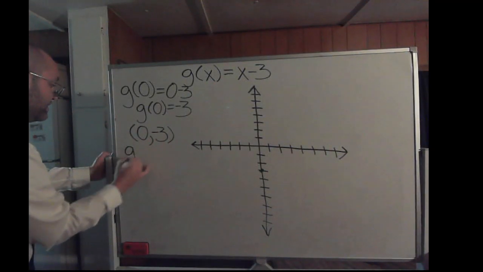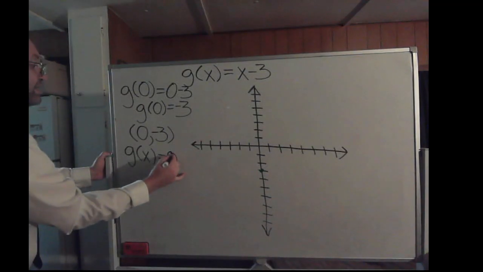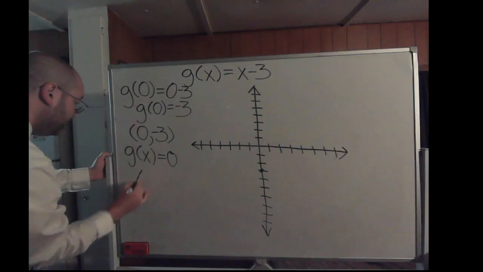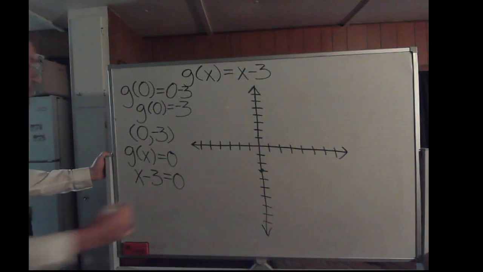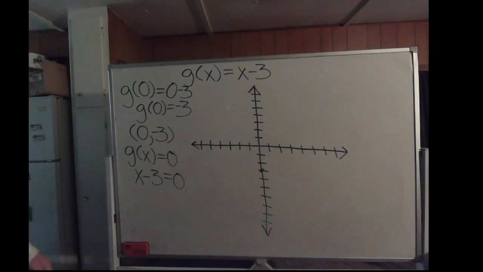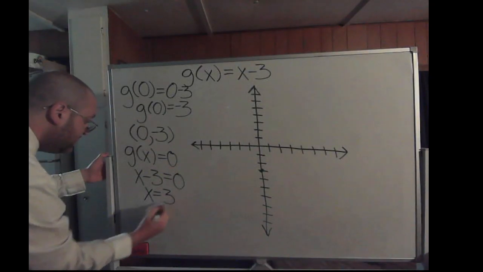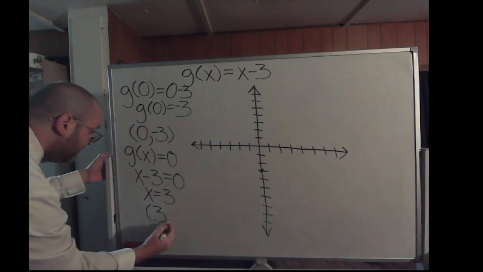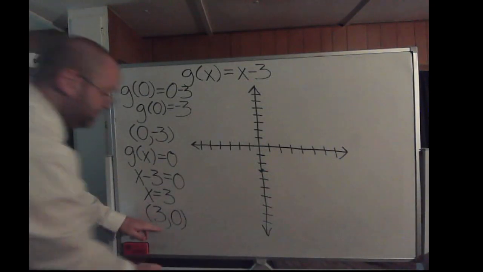So you'll take g of x, you'll set that equal to 0. Well, g of x is going to be x minus 3. So you take x minus 3, set that equal to 0. Well, then you would just get x equals 3. So when x is 3, y is 0. So you get the coordinate 3, 0.